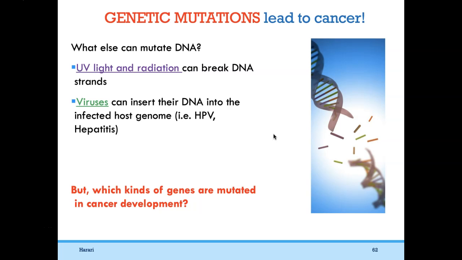Radiation naturally comes from the sun, just like UV light, but we're protected by ozone and some CO2 in the environment. So we're not directly bombarded by this UV light, but upon extended exposure, if you're sitting outside in the sun all day long, eventually UV light will mutate some of your genes.